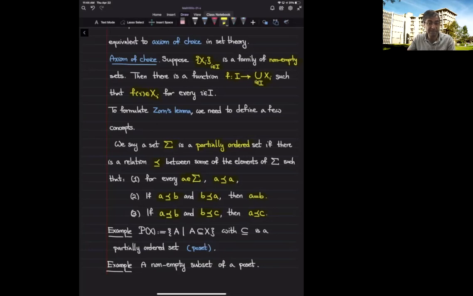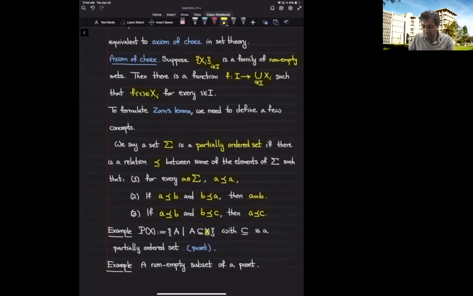And we abbreviate it and say it's a poset, partially ordered set. A typical example of a poset is the power set of a non-empty set.